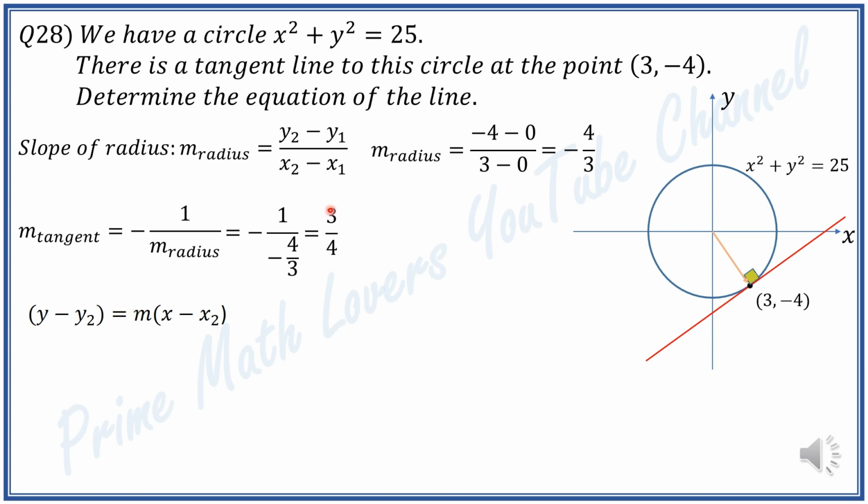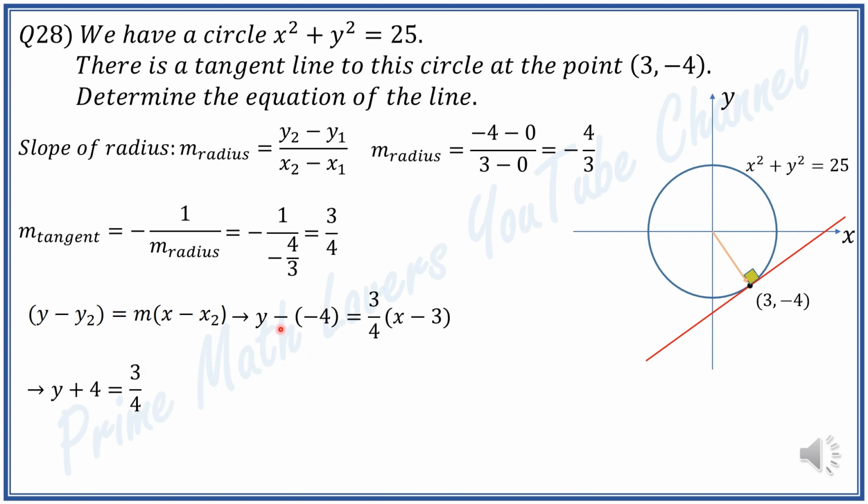We have the slope, which is 3 over 4. And also we have a point on the line, which is the tangency point, 3 and negative 4. So y2 is negative 4, x2 is 3, and m is 3 over 4. So we can write y minus negative 4 is equal to 3 over 4 times x minus 3.